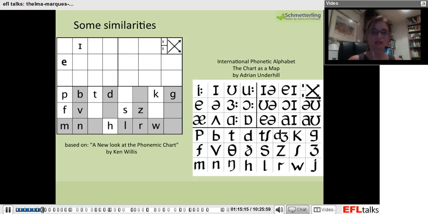There are only 8 consonant sounds that are different from the letters of the alphabet that we are used to. And here, only 10 vowel sounds. The others are very similar. On the top right side, you have diphthongs, and diphthongs are combinations of vowel sounds.